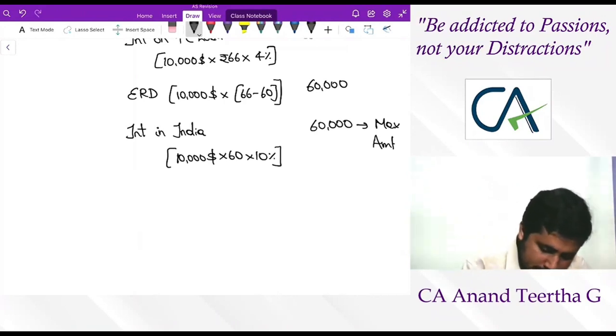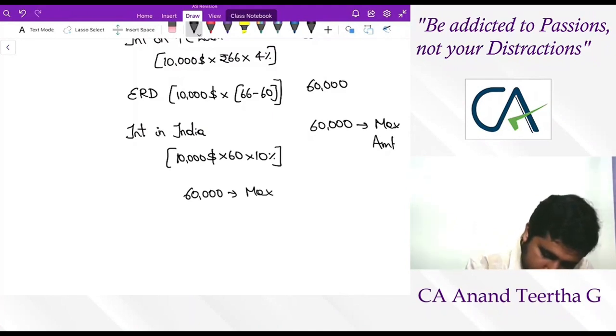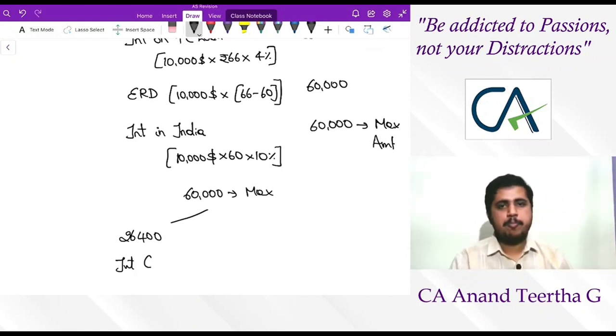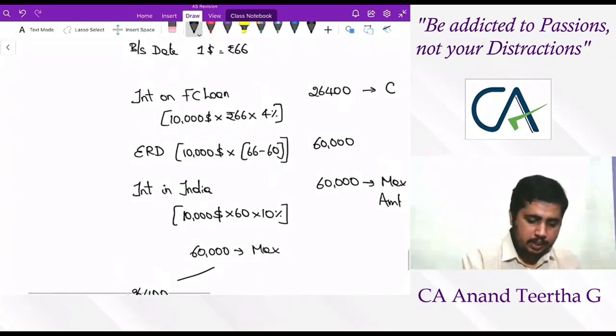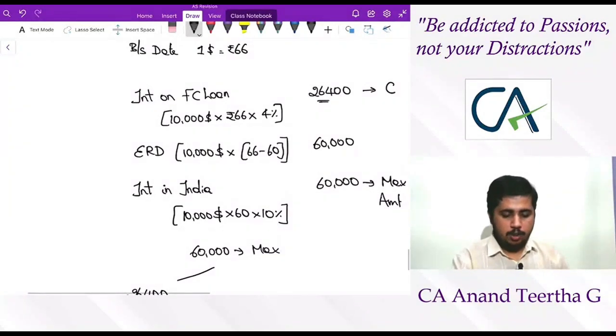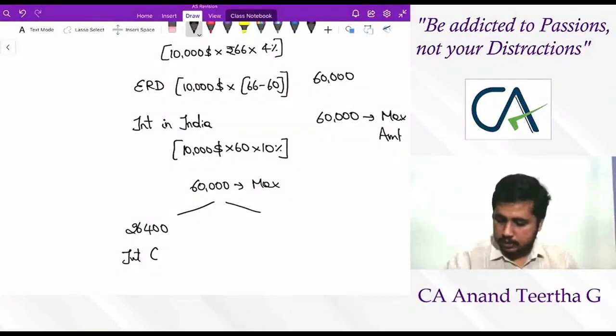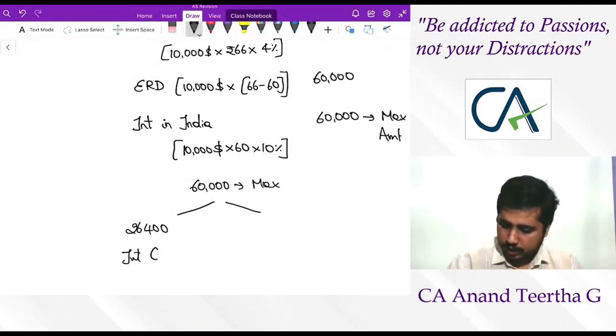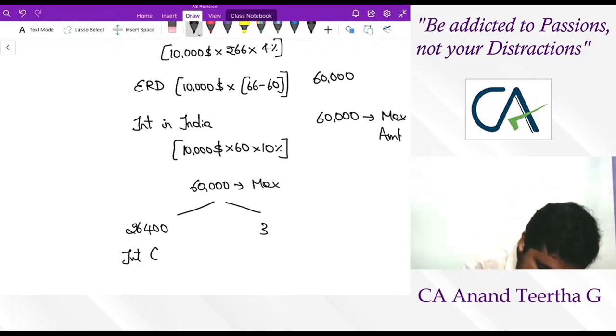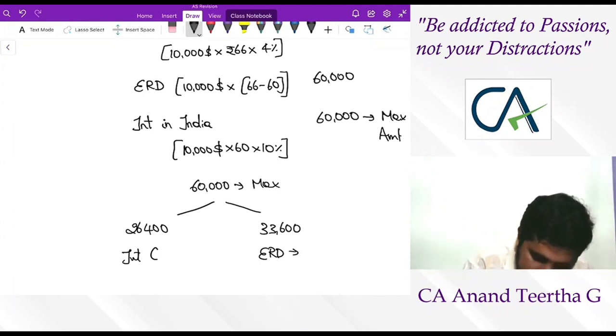Of this 60,000 max amount, 26,400 is already capitalized, because that was actual interest on foreign currency. What about the balance? 60,000 minus 26,400 is 33,600. This much of ERD is allowed to be capitalized.